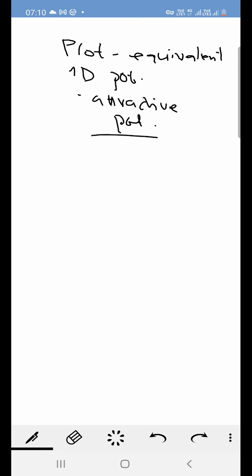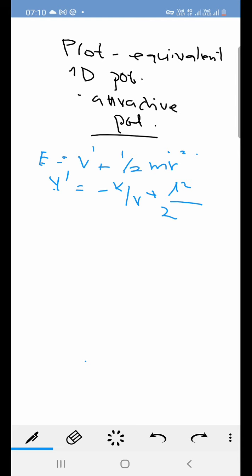Let us once again write the equivalent one-dimensional equations: E is equal to V dash plus half m r dot squared, and V dash is equal to minus K by r plus L squared divided by 2 m r squared.